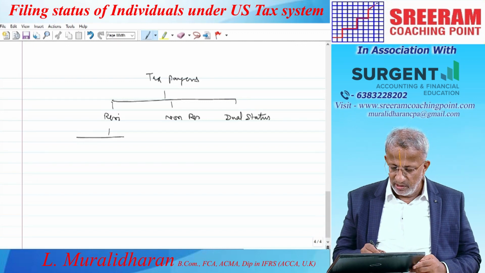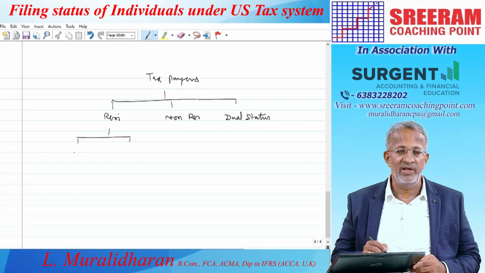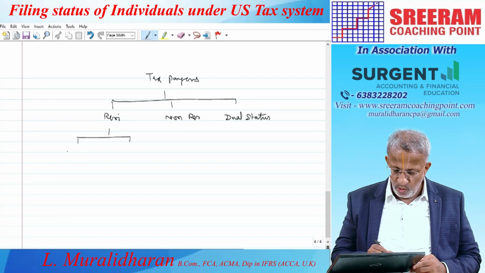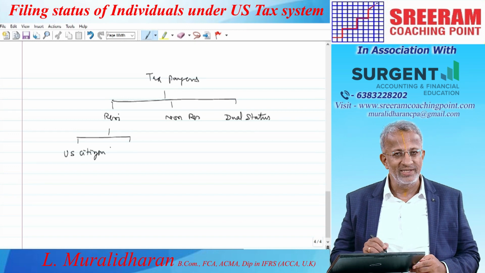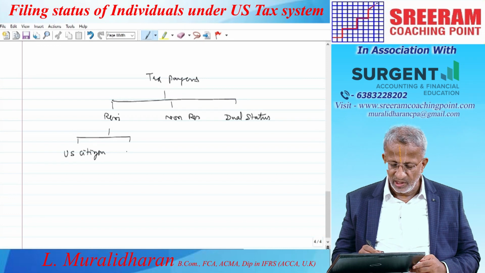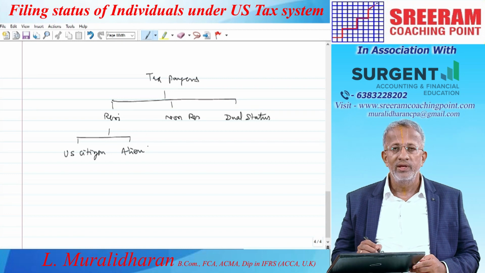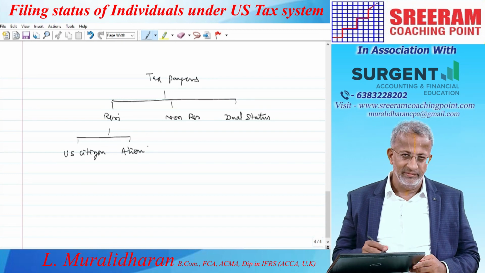In resident, there are two types of classification that we have. One is US citizen, the other one is referred to as alien. So, who is an alien?